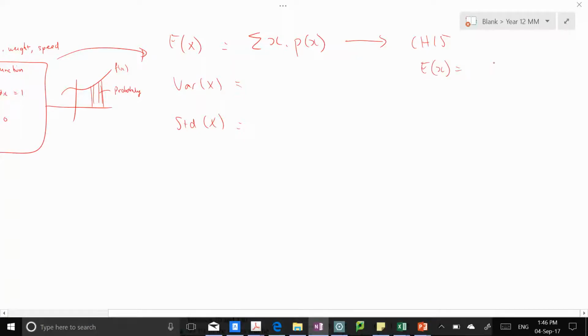Anti-diff sign, yes? Yep. x times f of x. Fantastic. Because we already know integration of f of x is your probability. Integration means sum the area.